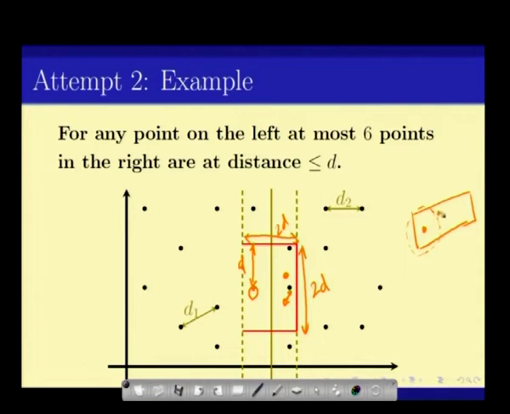So, I again have to put another point, and then another circle, and so on, and then you can prove that at most 6 points can be put inside this rectangle. Thus, for every point on the left, at most 6 points on the right are at distance less than d, which means that these are the only interesting pairs for us.